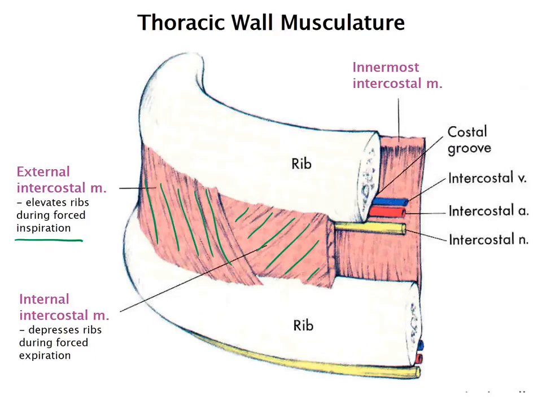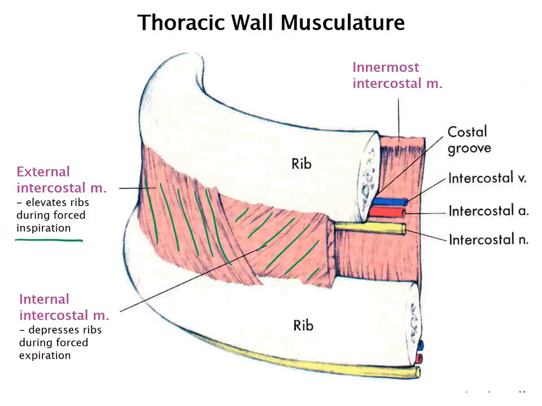Again, if you keep your palms planted against your chest and now curl your thumbs downward, this represents the movement of the internal intercostal muscles, in which case it is taking the rib above and moving it closer to the rib below. Therefore, the internal intercostals are responsible for depressing the ribs during expiration, specifically during forced expiration.